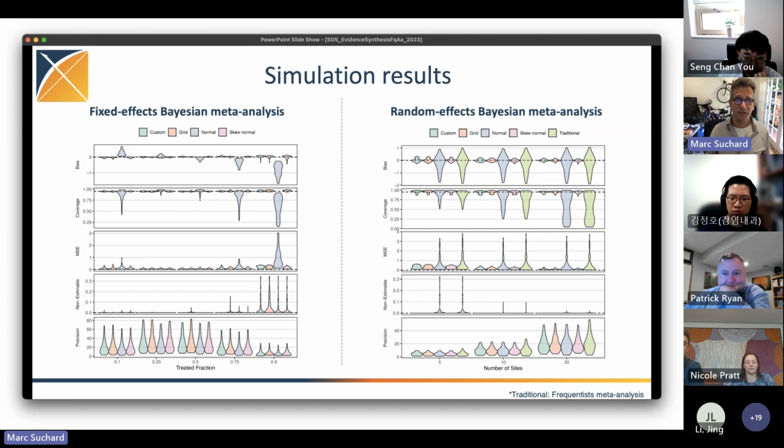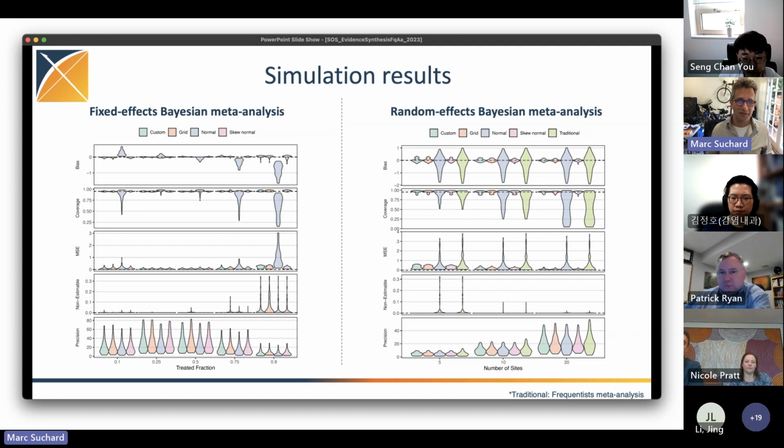And of course, with the traditional approach, it's really big and nasty. Likewise, you want nominal operating characteristics, like I'd like my coverage to equal what my purported type 1 error rate is. Using the new approach, it covers about 95%, but coverage is much poorer using the standard approaches.